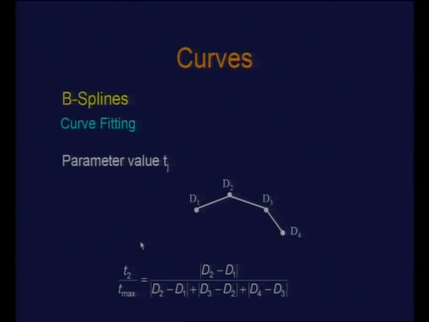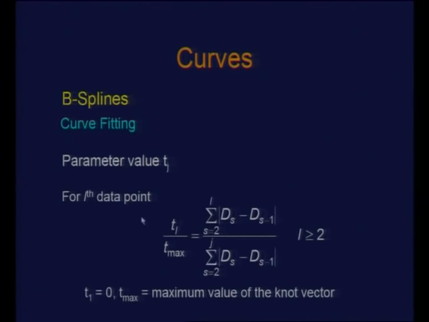So, in some sense, we are trying to obtain the information of how the data is arranged in terms of its span from different points. In this manner we can compute the parameter t_l for any data point, assuming t max as the maximum value of the knot vector.